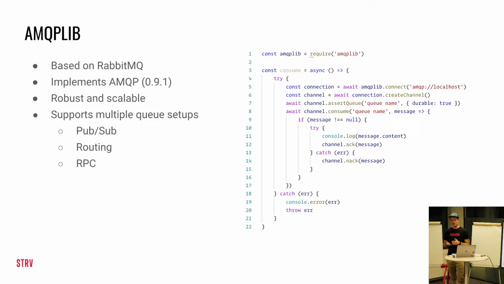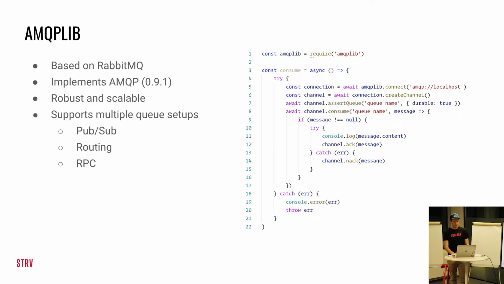So if your case is to send thousands of messages per second, you should definitely use RabbitMQ and not Redis. It supports multiple queue types, from PubSub, routing, to RPC, which means queuing requests for servers and routing replies back to the clients. But I won't be going into much detail because I actually don't know everything. I just used, I guess, two types in my career, and most of it was just sending and receiving and no routing at all.